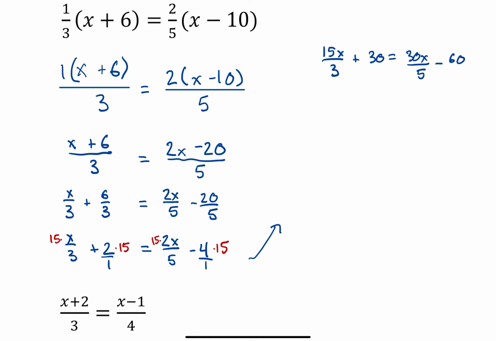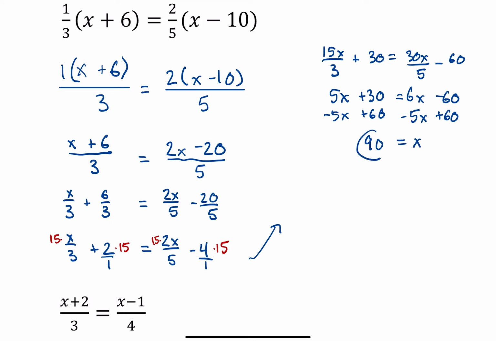So 15 divided by 3 is going to be 5x plus 30 is equal to 30 divided by 5 is 6x minus 60. I'm going to subtract 5x from both sides. At the same time, I'm going to go ahead and add 60 to both sides. And we end up with 90 is equal to x. So there's our solution.